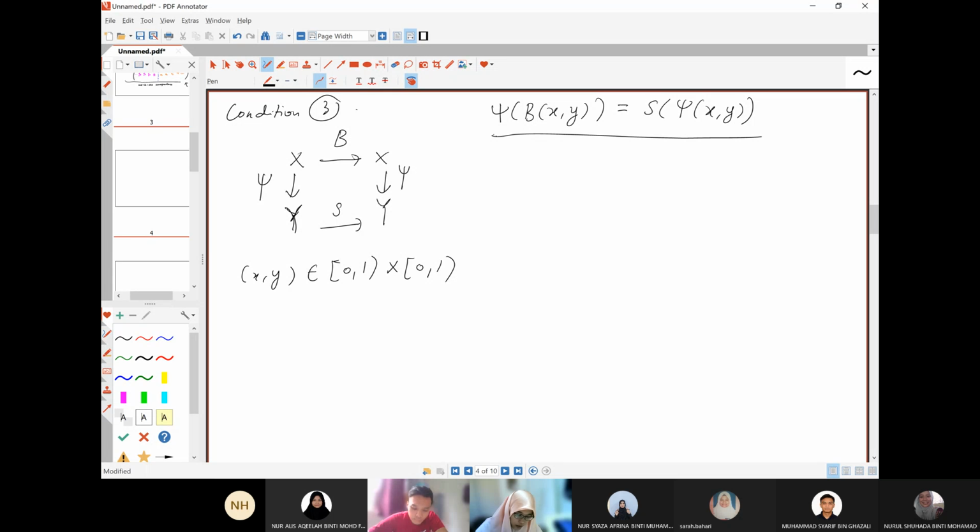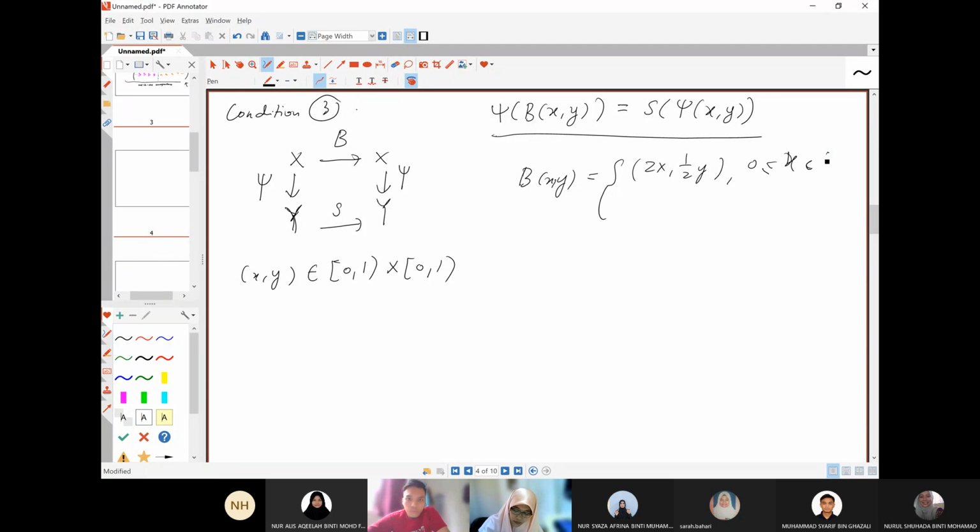Okay, now for B of xy we need to consider two cases. Sebab for B of xy we have two cases kan? Bxy. So this one we have 2x. So for the first case is between 0 and half.